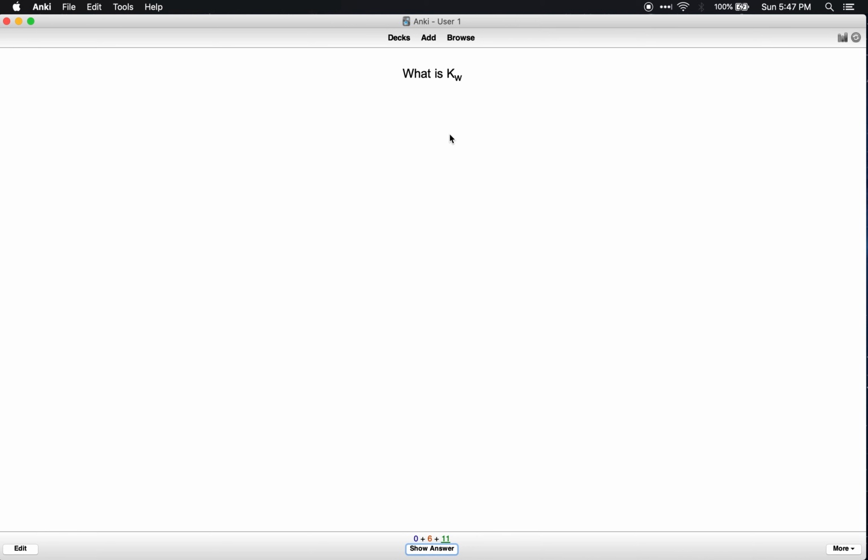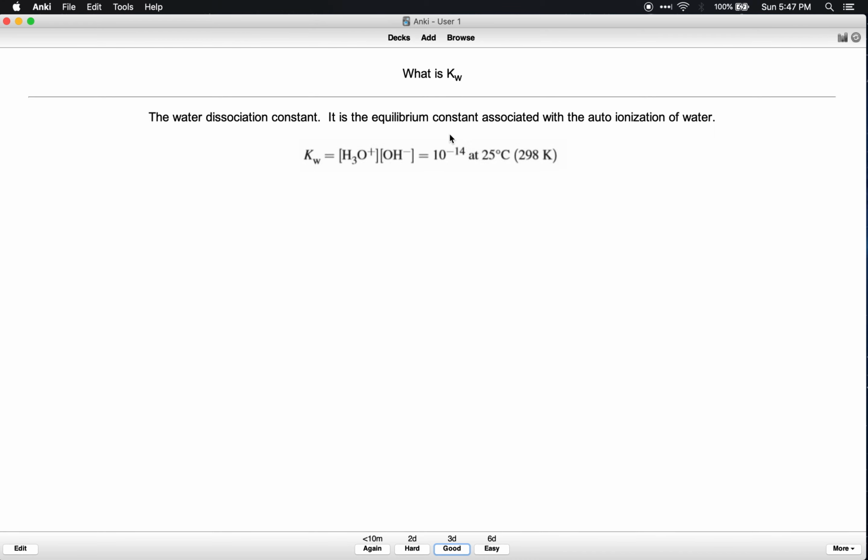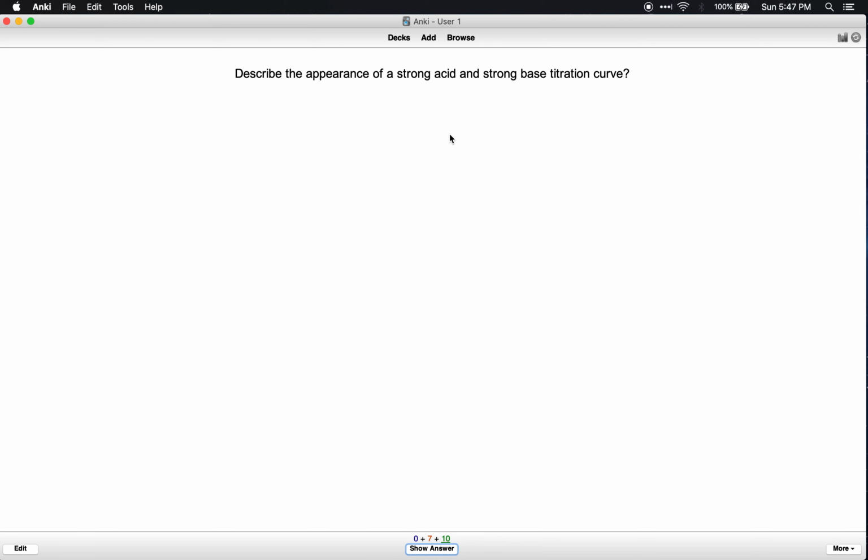Kw is 1 times 10 to the negative 14 at 25 degrees Celsius, the ionization constant of water. The titration curve of a strong acid and strong base will look like a linear line.